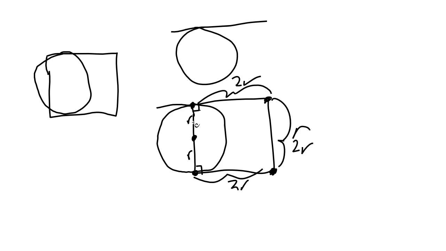I mean, given one side of the square and the two tangent lines, I can construct the circle inside of there, and then I can construct the rest of the square. And so it certainly is possible to have this configuration.